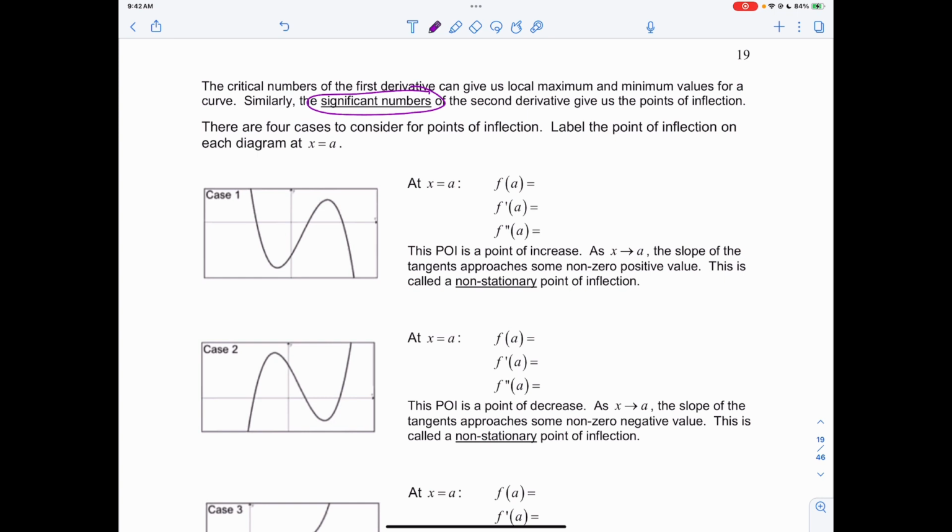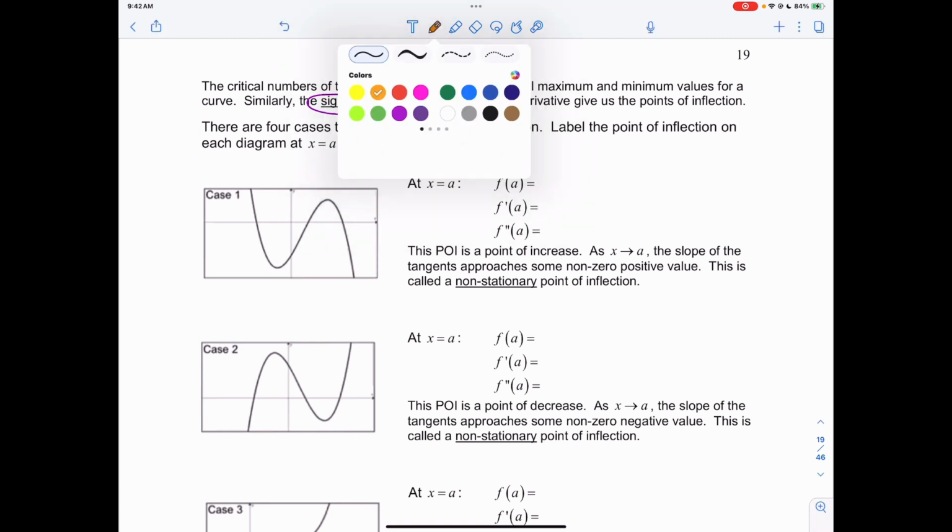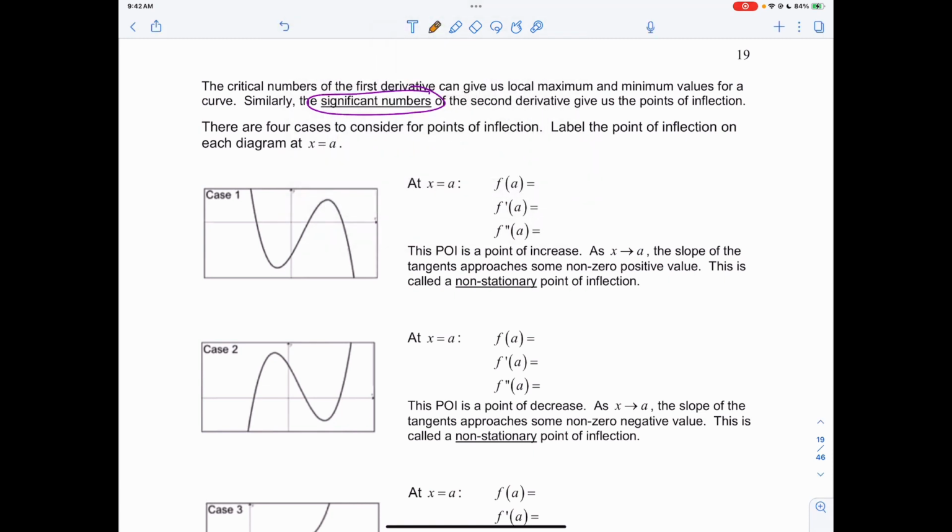There are 4 cases to consider for a point of inflection, where if we take a look at our graphs, we should be able to see approximately where it's shifting from concave up to concave down to concave up.